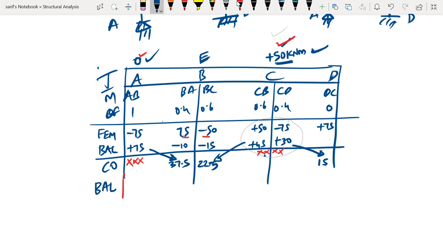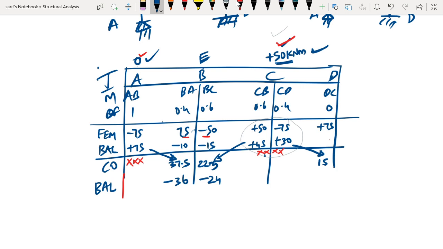If we try to balance it, we have 37.5 plus 22.5, which is 60. So 60 has to be redistributed, so we need to add minus 60. If we add minus 60, it is going to be minus 24 here, and we will have minus 36 here.